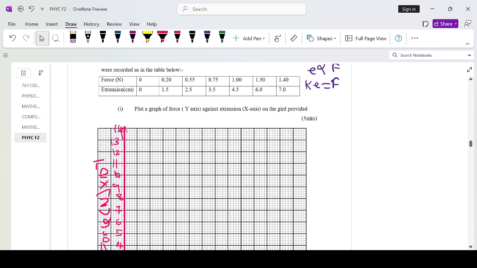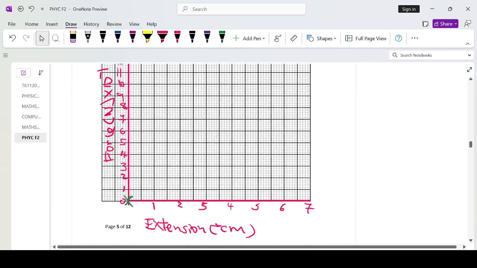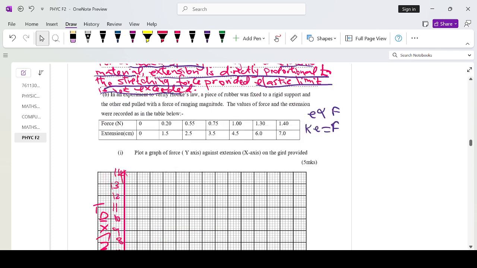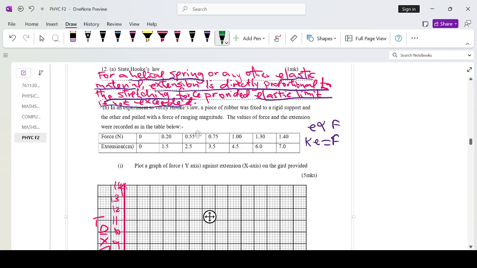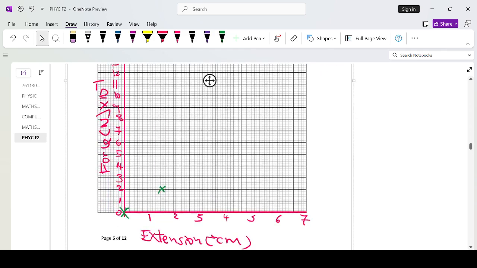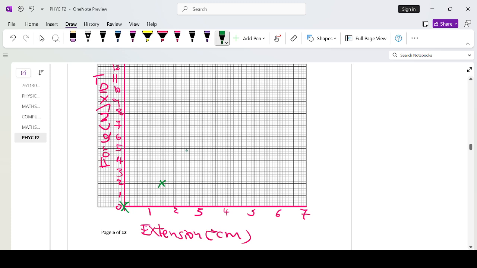Then 0.2, this becomes 2, then 1.5, 2. 1.5 is here, then 2 on your y-axis. Then 2.5, 5.5. 5.5 is between 5 and 6, 2.5 here, that is 2.5, 5.5.